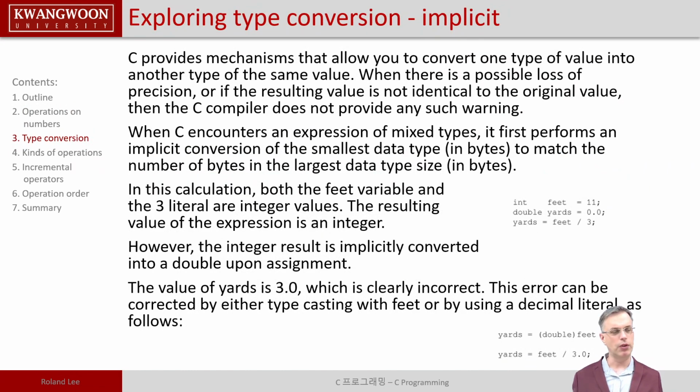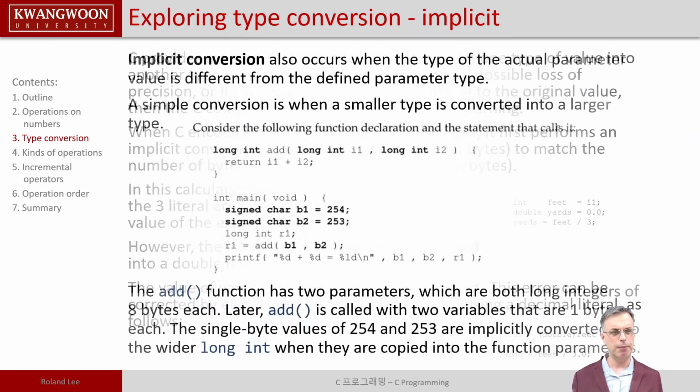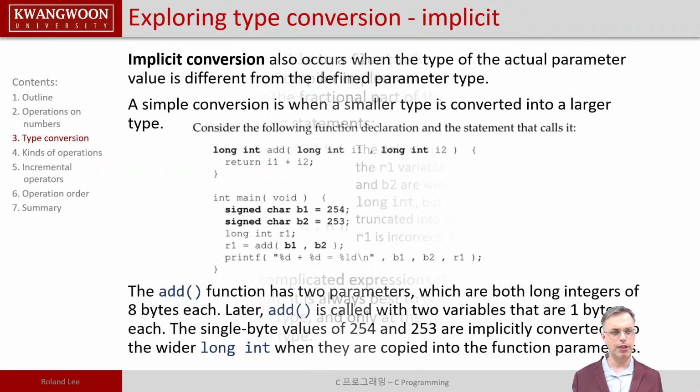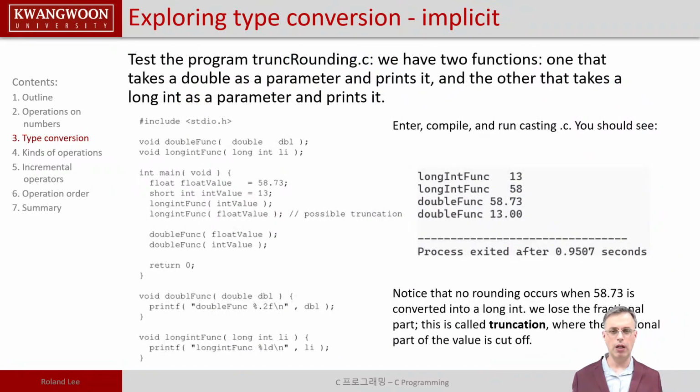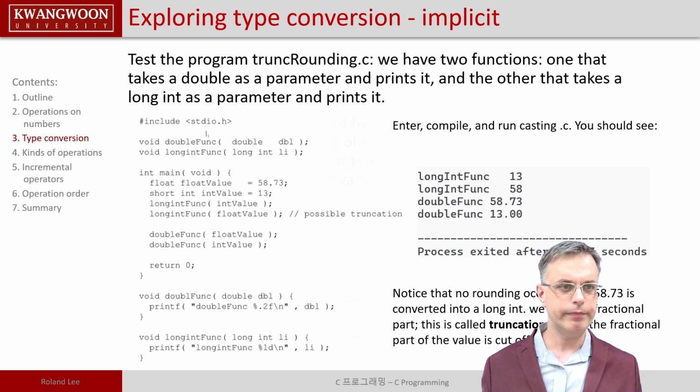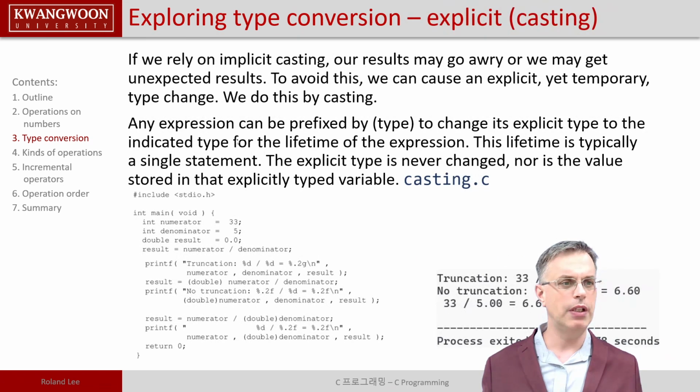We have the so-called implicit type conversion, but the explicit is the better way, because then we have no loss, or a loss that we actually prepare for. This is where we talked about truncation as well: the fractional part of the value will be cut off, and that's what we call truncation.